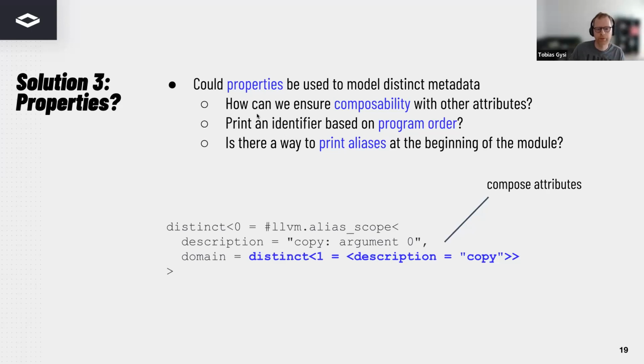What we're unsure about is how we could ensure composability of properties with other attributes, and how we could actually implement the printing so that identifiers are printed in program order. And what would be nice is also having a way to print aliases at the beginning or at the end of the module somehow.